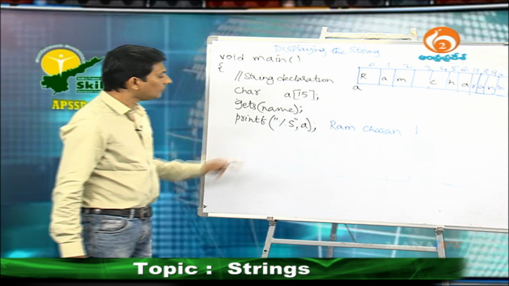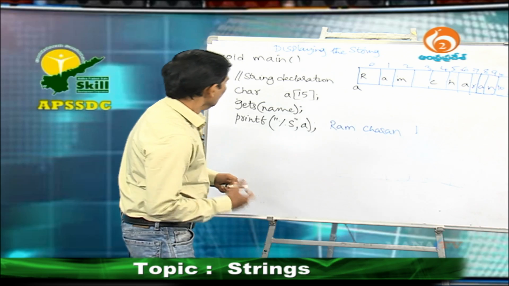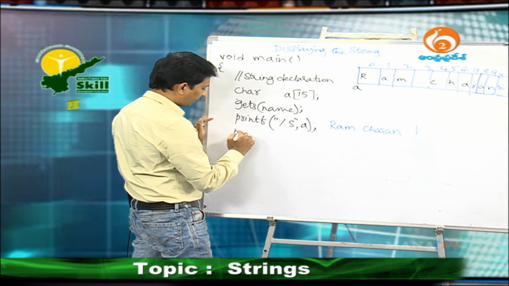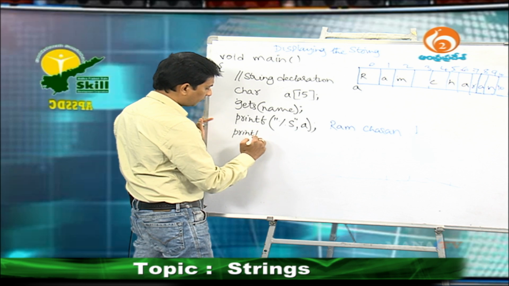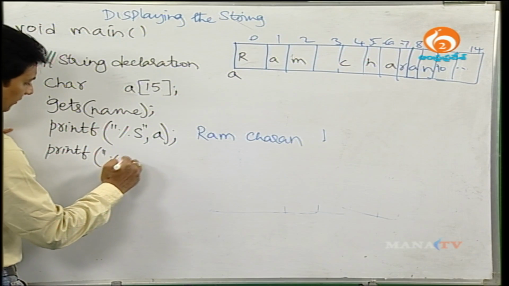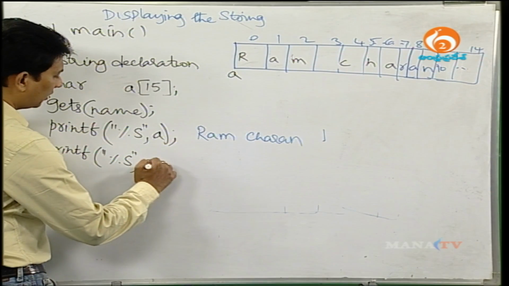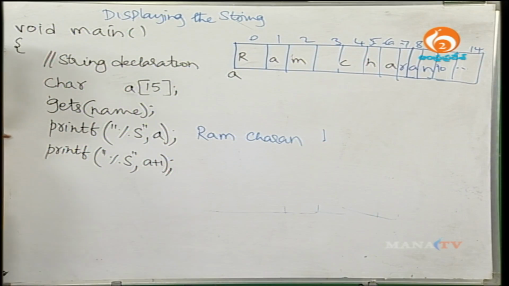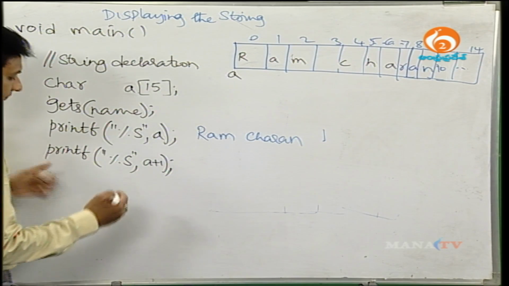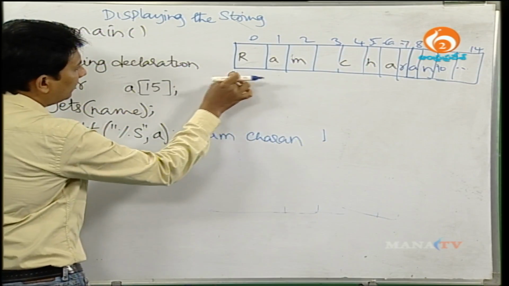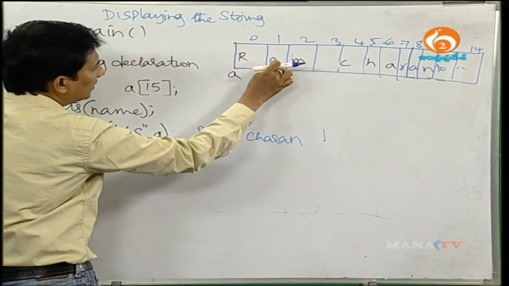Okay. Next, I want to write something like this, printf %s. Now you have to tell the output for a plus 1. What is the output of this one? Here the output is, this R is ignored. R means a of 0, a of 1, that is a.